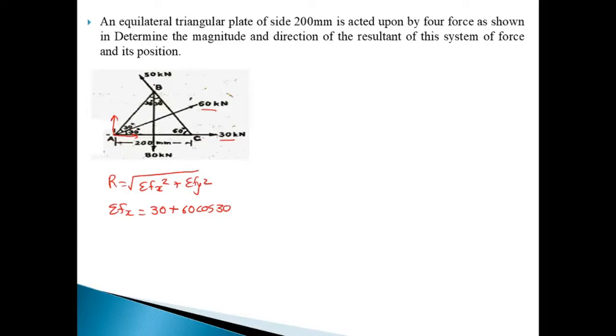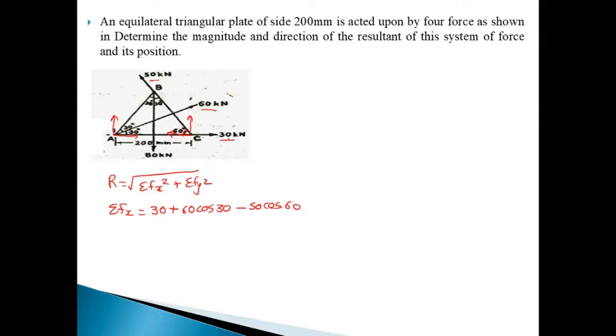Next is this 50 Newton. So this 50 Newton is resolved in this way, and the angle is again given with the x-axis, so we can consider it as a cos component. So 50 cos, and the angle for this is 60 degree.